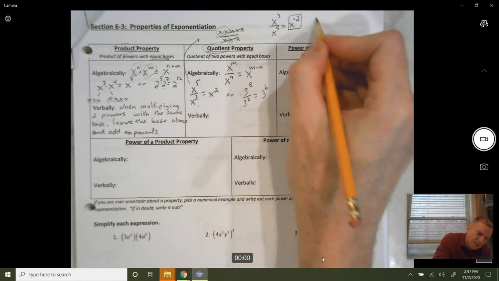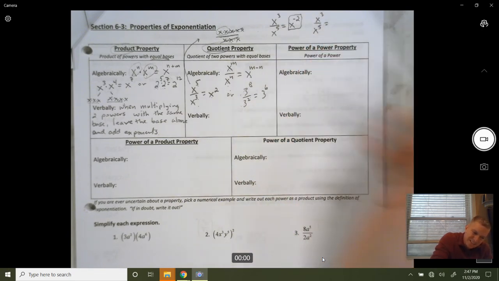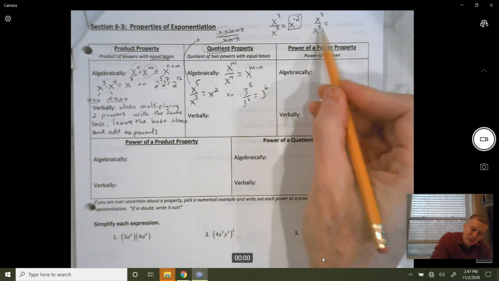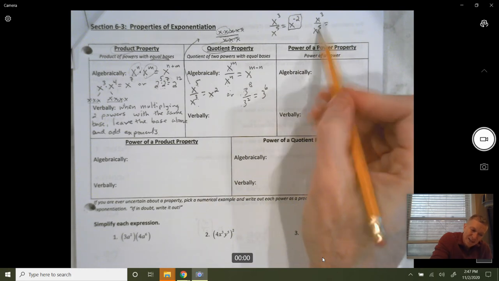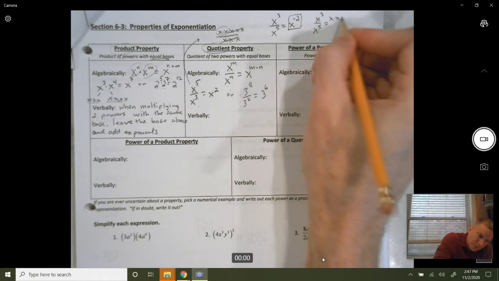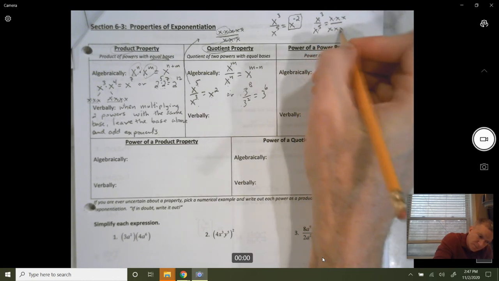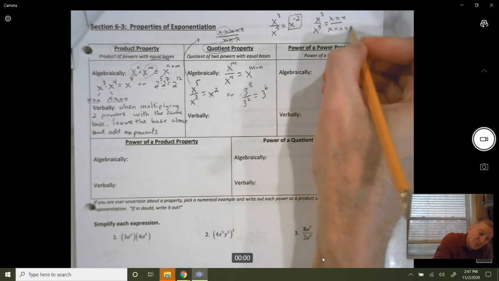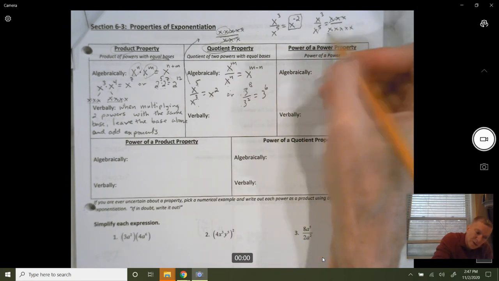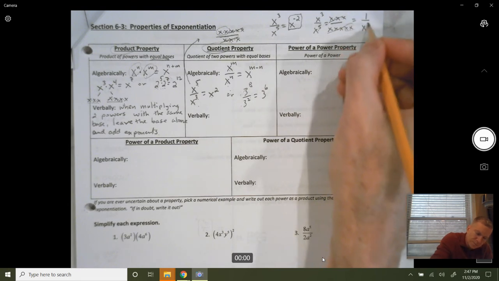If you wrote this out, x times x times x, and then 5 x's on the bottom, 3 of them will cancel, and you end up with 2 left on the bottom. So you can call it 1 over x squared.